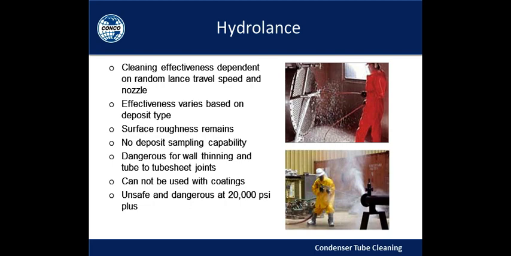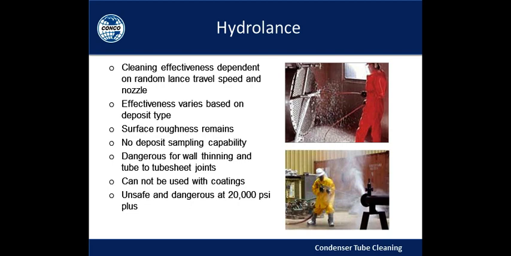It cannot be used in the presence of coatings. In fact, high-pressure water and ultra-high-pressure water is what is used to remove coatings for replacement. So that's risky. And there are a reasonable amount of injuries associated with using this technology.